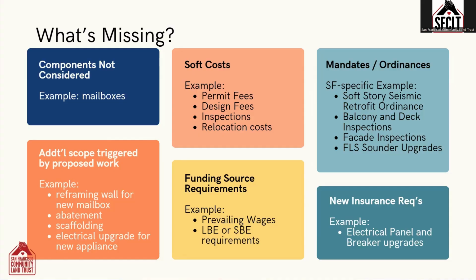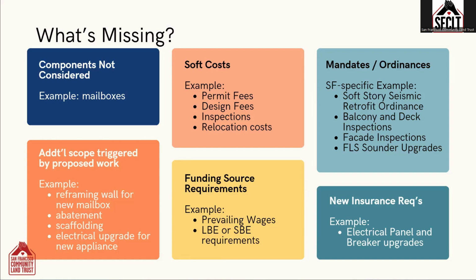Other things that are missing, soft costs. A CNA does not consider soft costs. These are the general contractor's overhead and profit, permit fees, design fees, inspection fees, construction management fees, relocation costs. So soft costs are not included in a CNA.